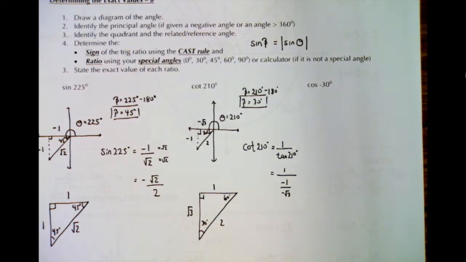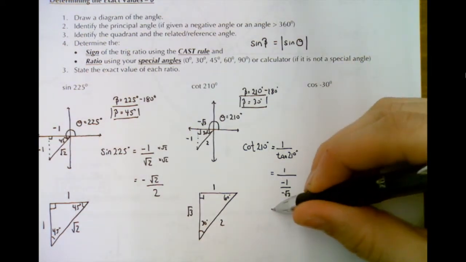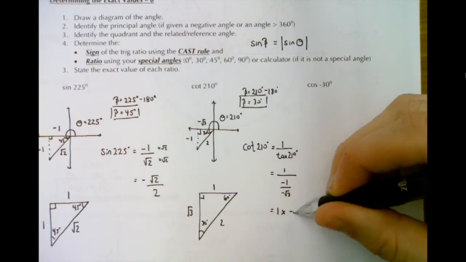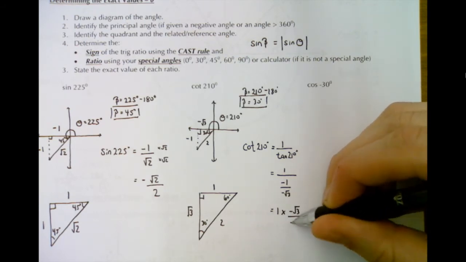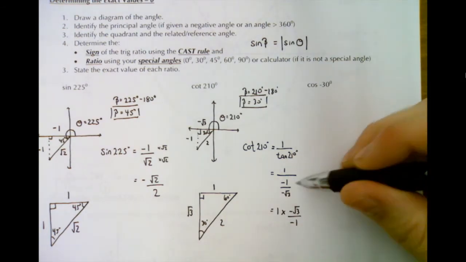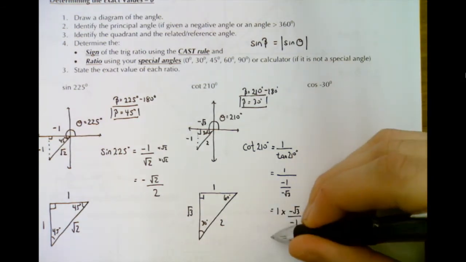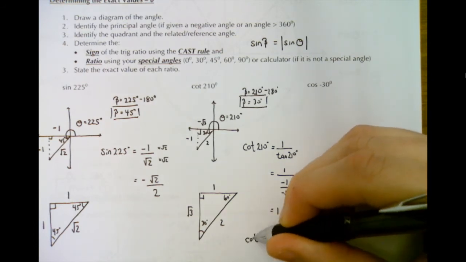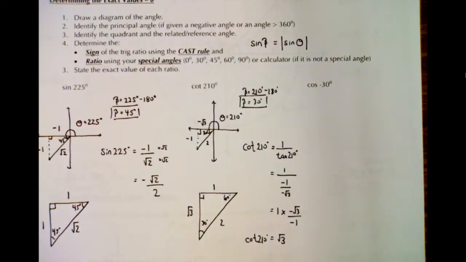Whew. How do you divide a fraction? Well, you flip it and multiply. 1 times negative root 3 over negative 1. Negatives make positive. Divide by 1 is just the number on top. Multiply by 1 is just the number on top. We end up with just root 3. Cotan 210 is root 3.